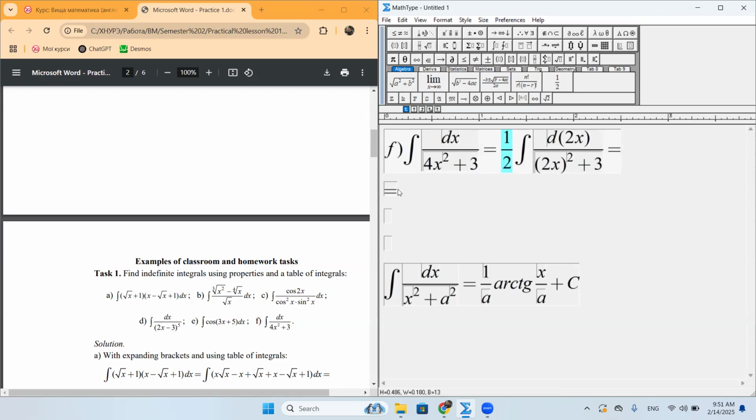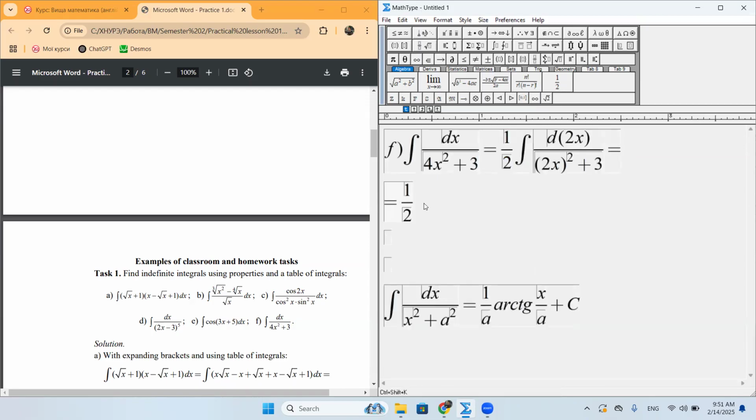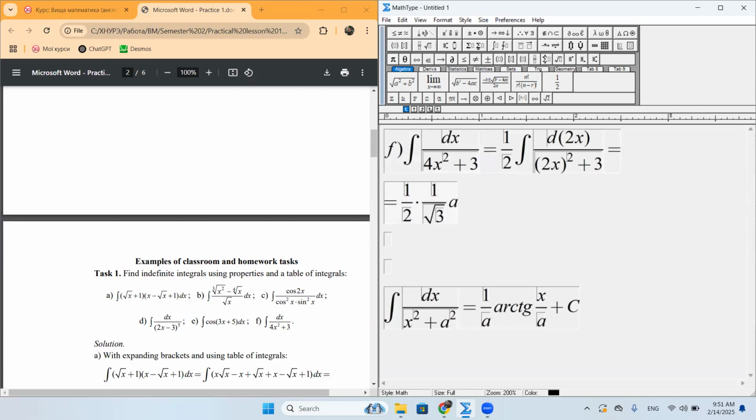So 1 second, and now 1 divided by square root of 3 and arctangent of 2x divided by square root of 3. Any questions about this task? Okay, I guess no questions.